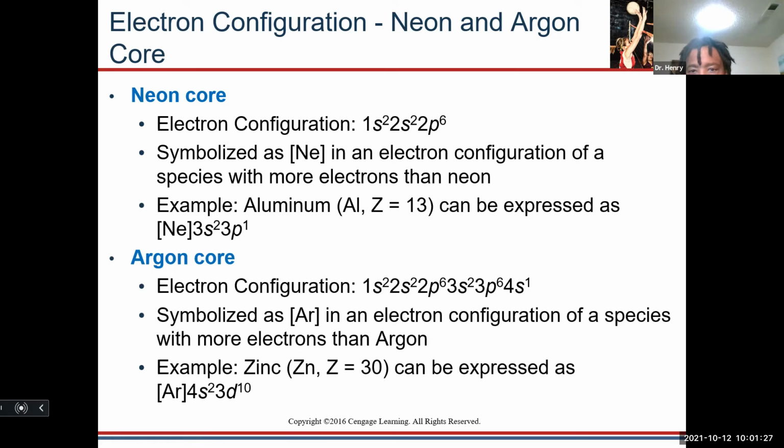Let me fix this real quick. So that should not be there. So this is the argon core. Okay, so this is an example of how we would write zinc using that argon core.